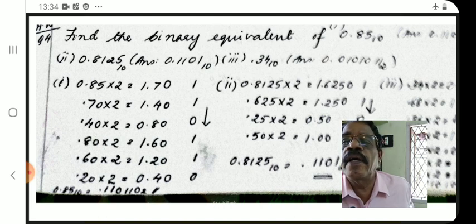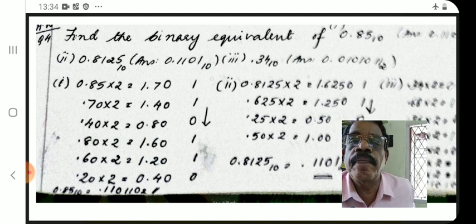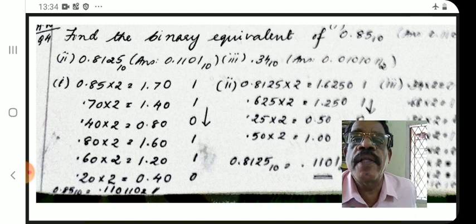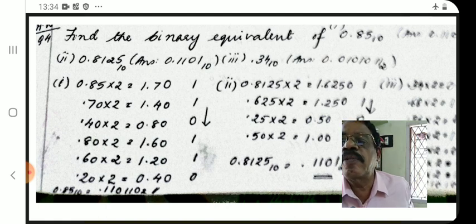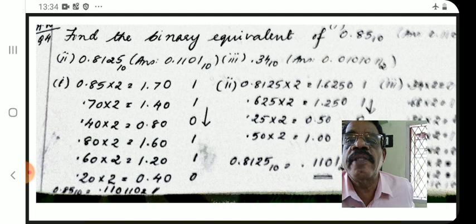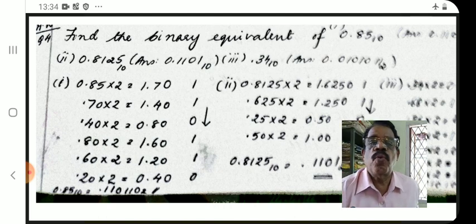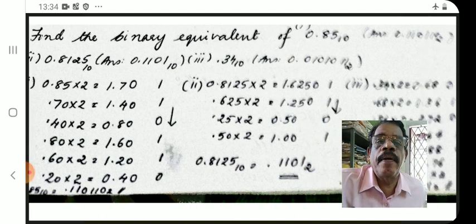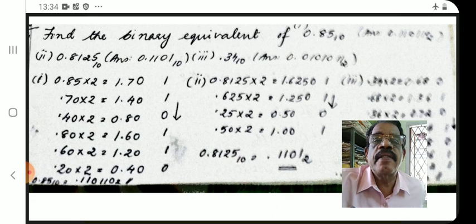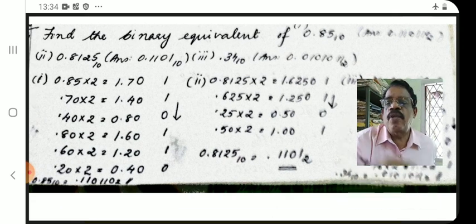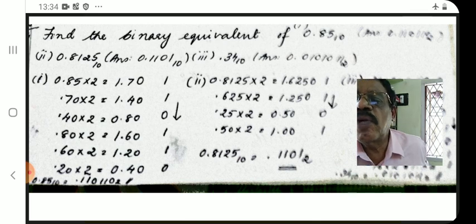Convert the following decimal fractions into binary. The first one is 0.85 to the base 10. The second one is 0.8125 to the base 10. The third one is 0.34 to the base 10. The answers are also written there, and their calculations are also given here.